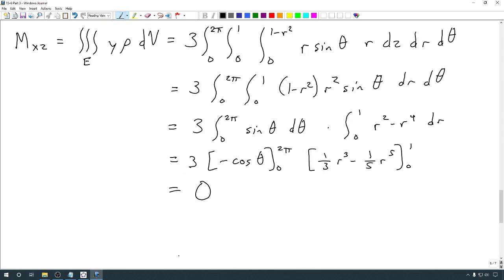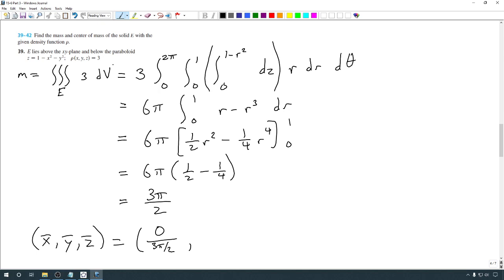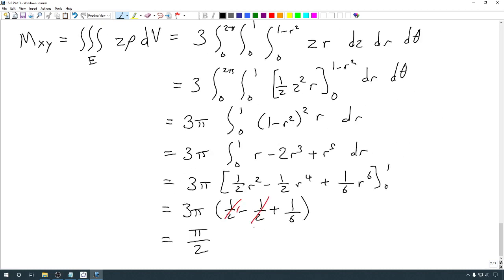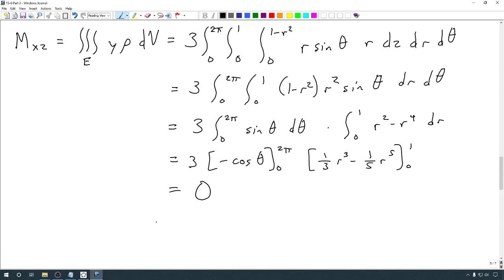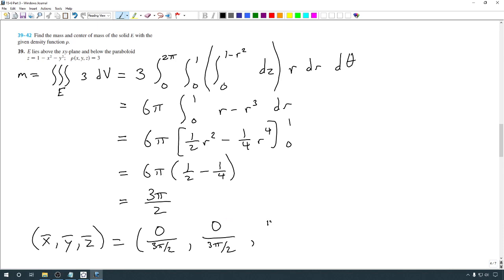Y bar is mxz, which again is 0, still over 3 pi over 2. And our last one, our z bar is mxy, which is pi over 2, still divided by a mass of 3 pi over 2. Or in other words, this is 0, 0, and this is just 1/3.